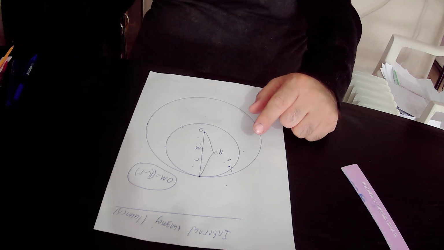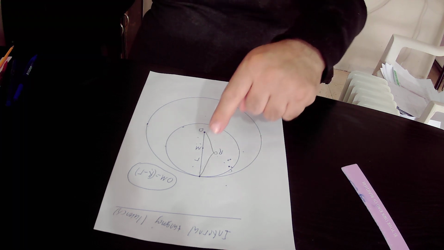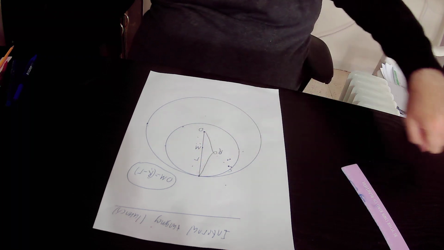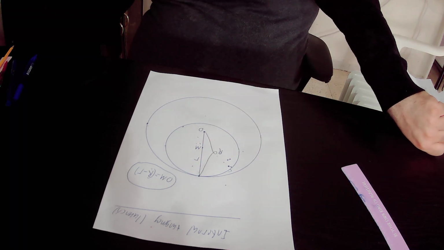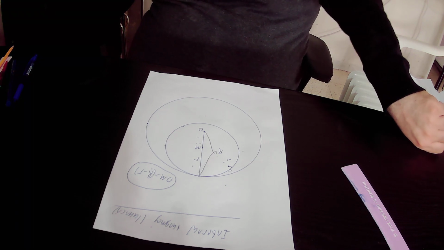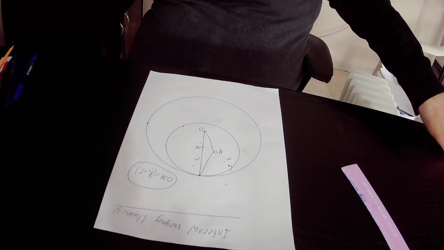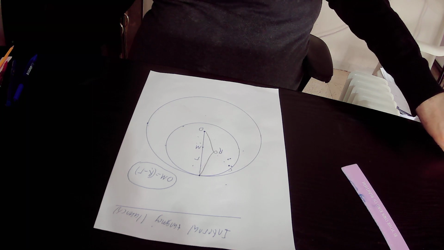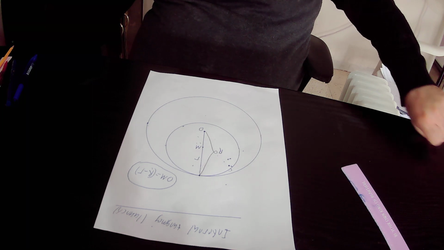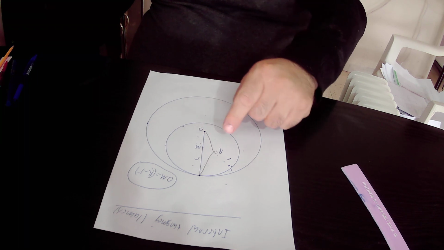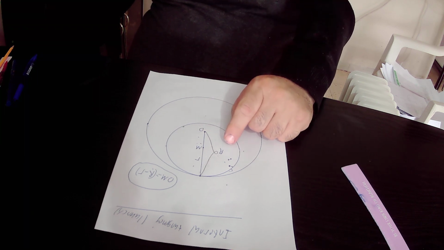In this case, the two circles are touching each other internally at this point. This is the point of tangency between the two circles. And the distance between their centers, that is to say the length of line segment MO, will be equal to the difference between the lengths of their radii. In this case, OM or MO equals capital R minus small r.